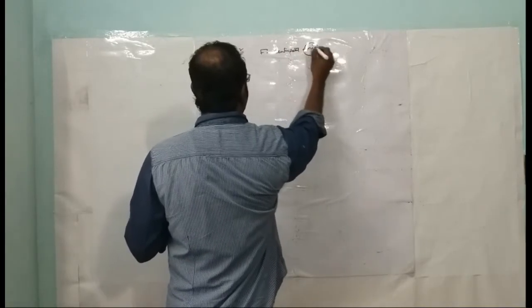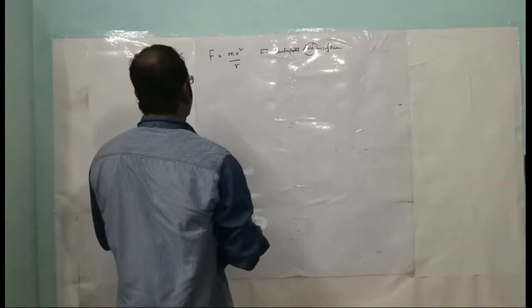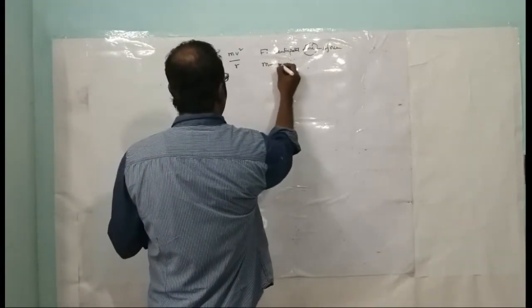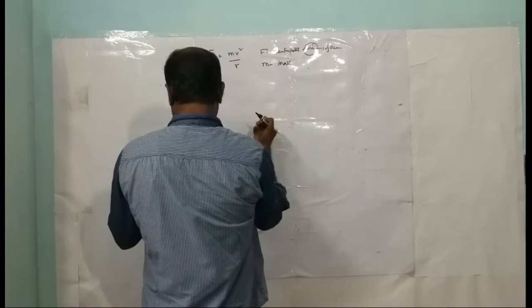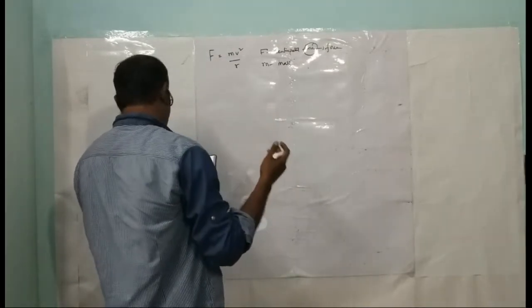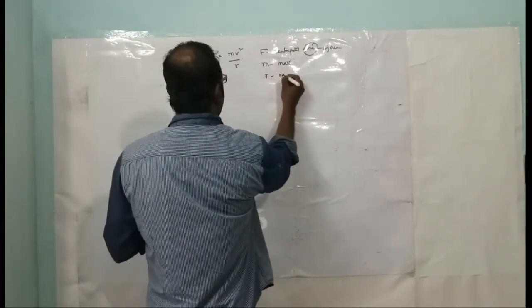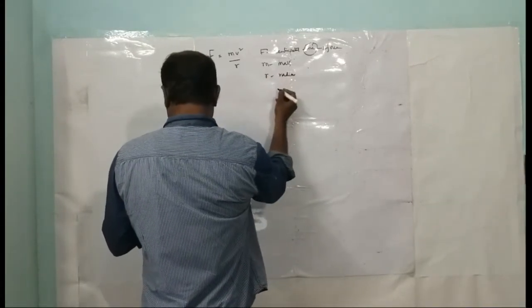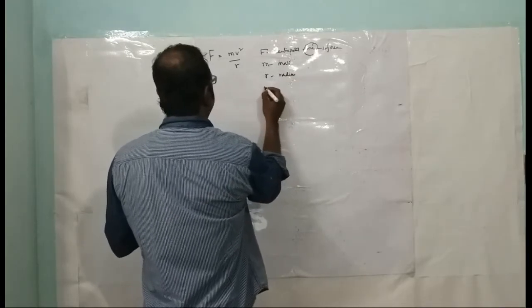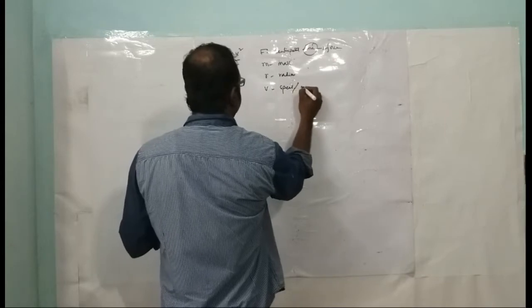Centripetal force means some force, it is force, acting on a body of mass m. So m is the mass here, and performing uniform circular motion along a circle of radius r. R is the radius. With linear speed, that is v, speed or velocity.